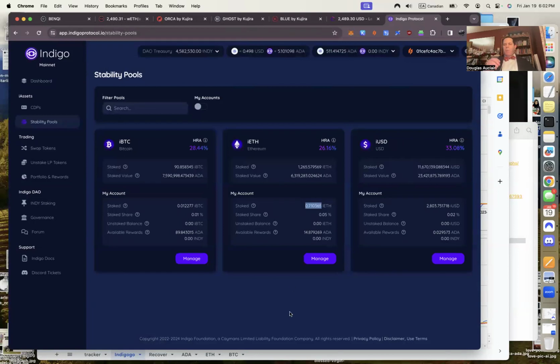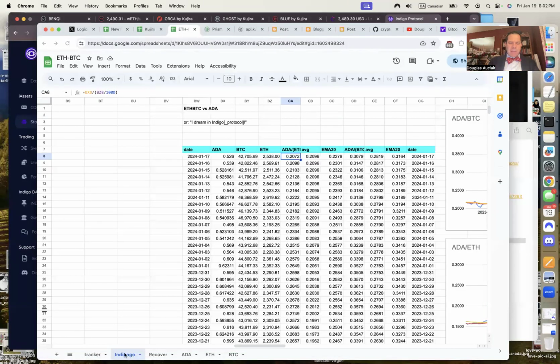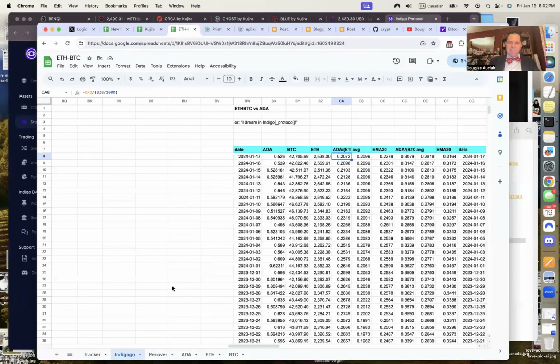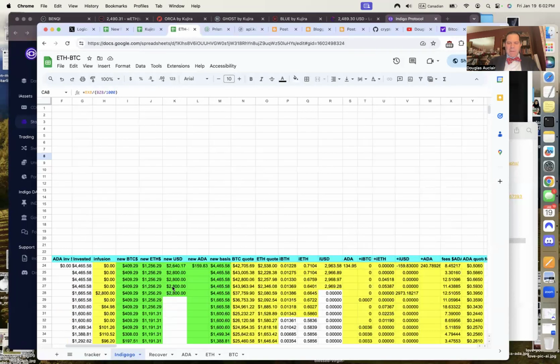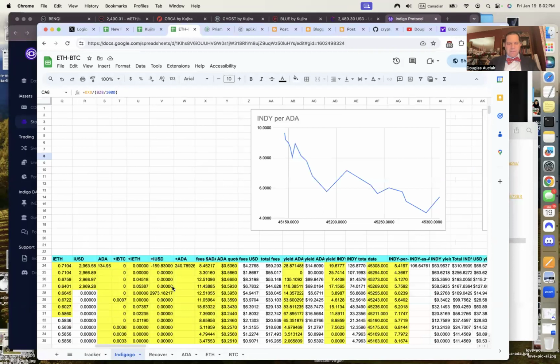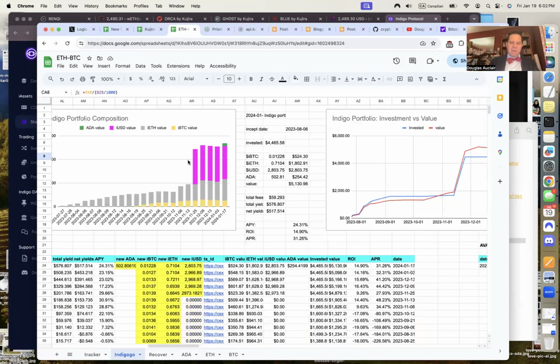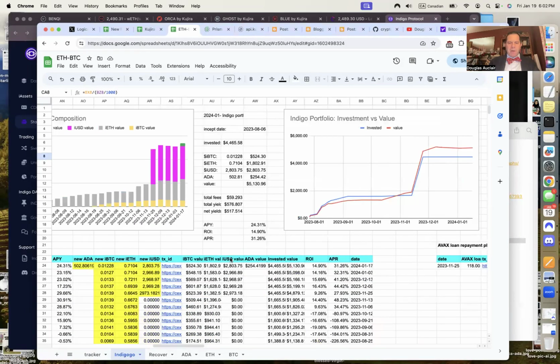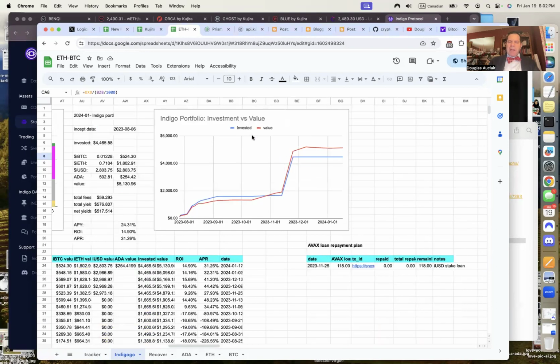And so what happens when I want to increase my holdings? I go to my Indigo spreadsheet, and I say, okay, I have these positions that I'm holding. Here's the composition of my portfolio. Here is how much I invested into the portfolio versus how much its value is.